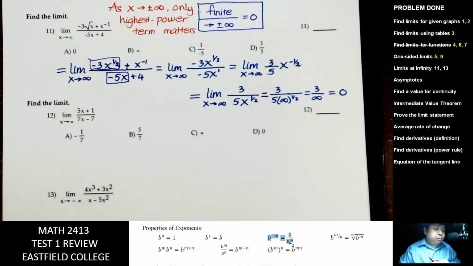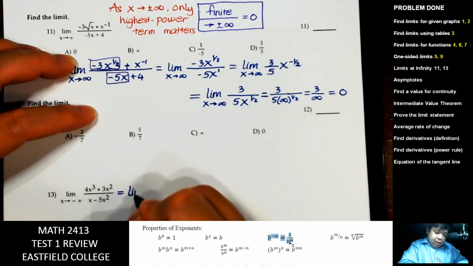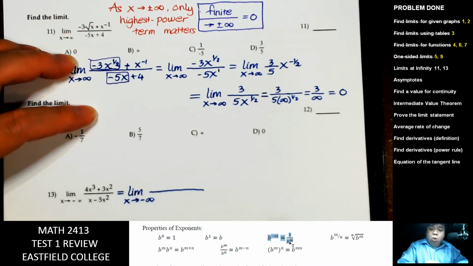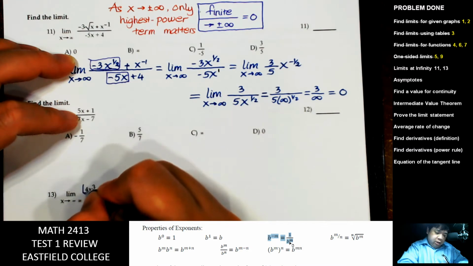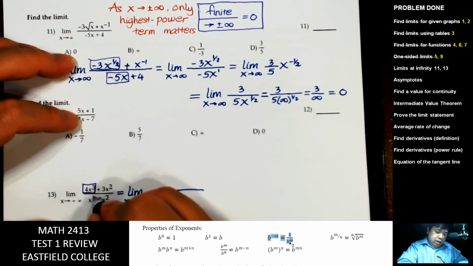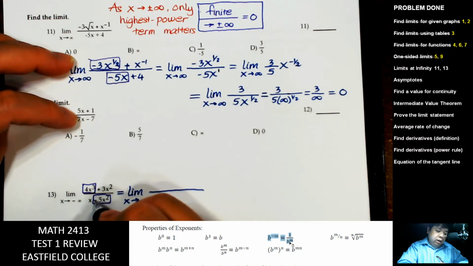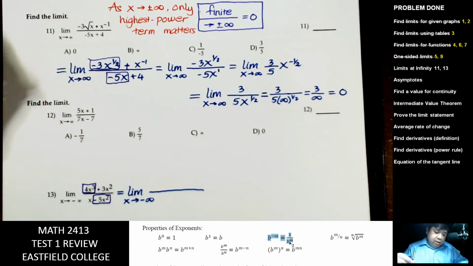Now we use the same way. Now this x goes to negative infinity. Once again, we'll take the one with the highest power, the 4x cubed and the negative 5x squared. Notice that the term will be including whatever the sign in front of it.